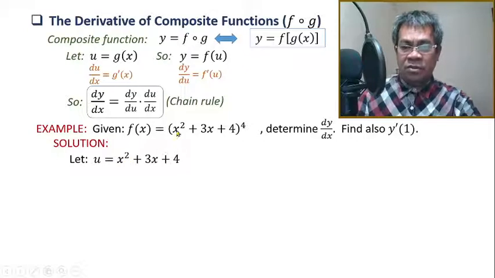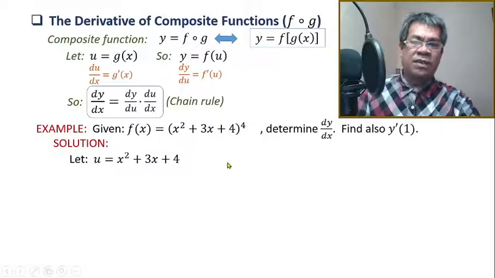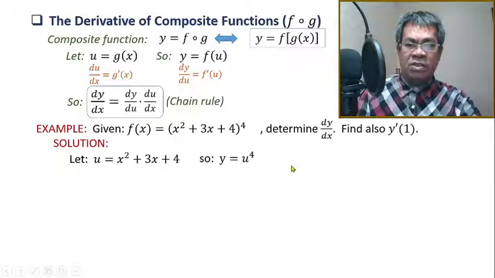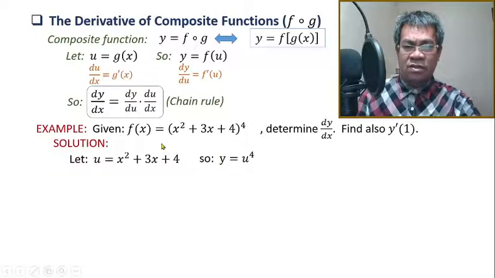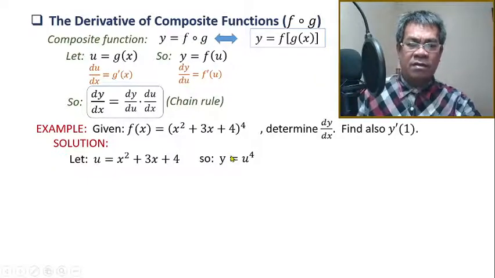But u is only x squared plus 3x plus 4. So this is now our u value. Then our function now becomes y, or function of x, is u raised to 4. Please do not be confused if I use y, because this is understood to be the function of x. Whether f of x or y, it is the same. So this now becomes a simple function, y is equal to u raised to 4.